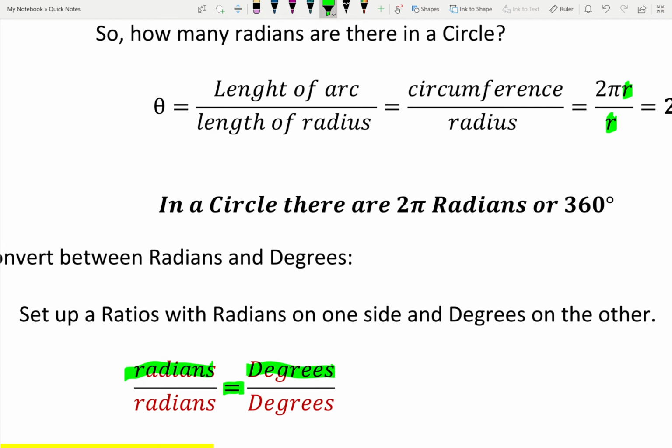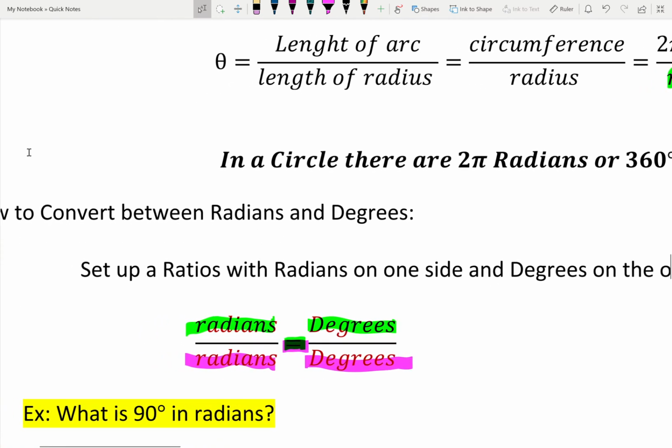And in your denominator, this amount of radians is equal to this amount of degrees. So the numerators should equal each other, and the denominators should equal each other. This is how we're going to go about converting between radians and degrees.